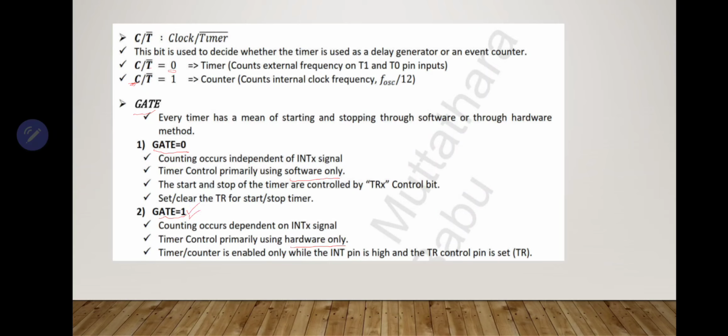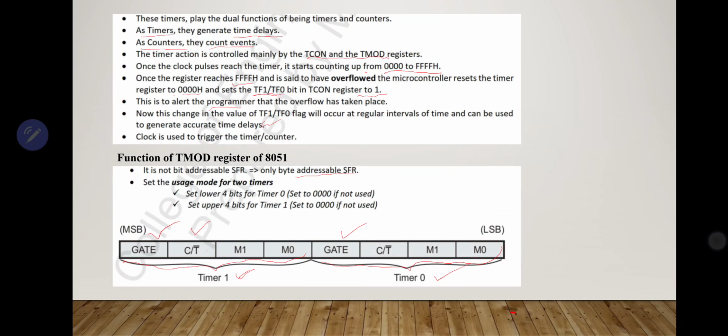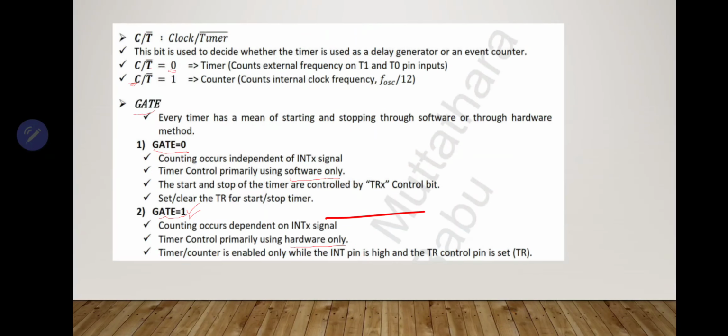So a gate is responsible for turning a timer on and off. This gate is responsible for timer 1, the other gate is responsible for timer 0.